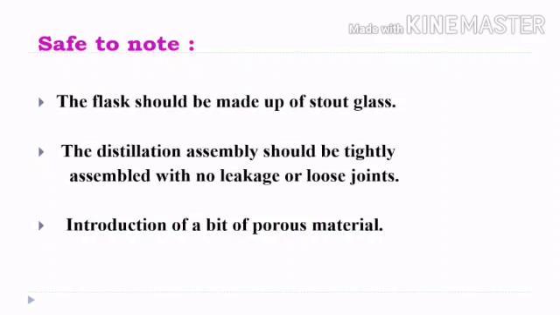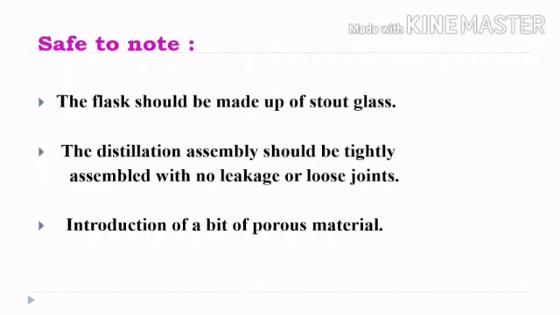The bumping is much more pronounced in distillation under diminished pressure. This is avoided by the introduction of a bit of porous material. Another way we can avoid bumping is a glass tube fitted to the neck of the flask.